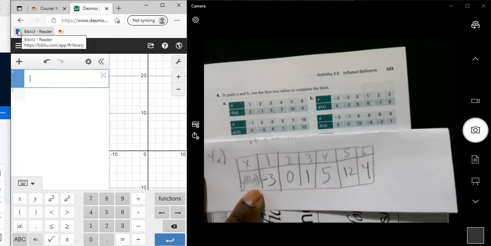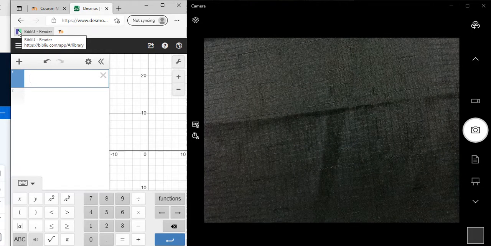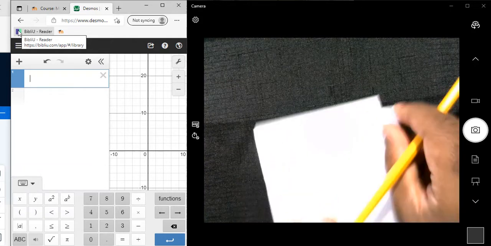Now for B, I got to draw that table. I just want to be a little concise with this.